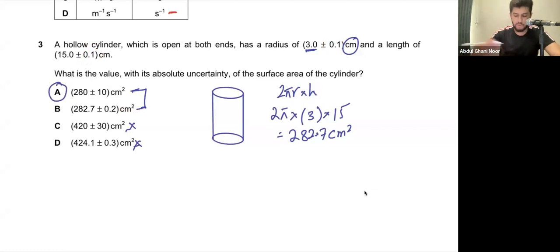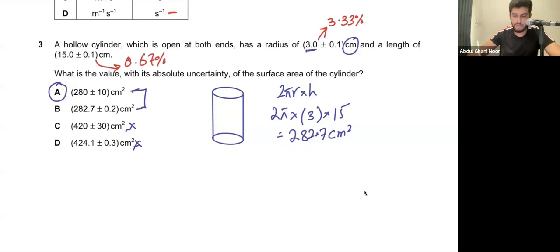Or the lengthier approach to this is let's find out the percentage error. The percentage error in radius comes out to be 3.33%. And the percentage error in length comes out to be 0.67%.